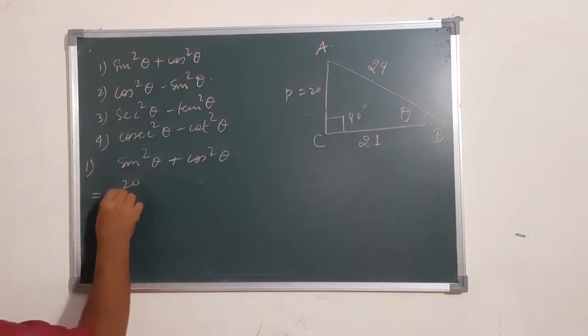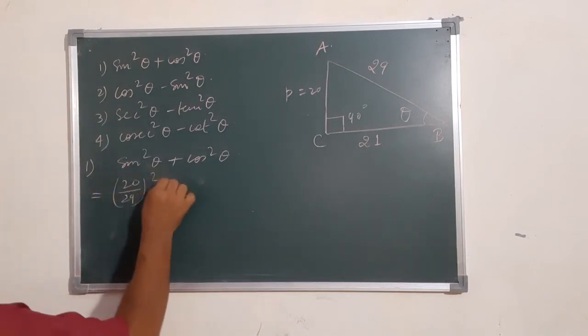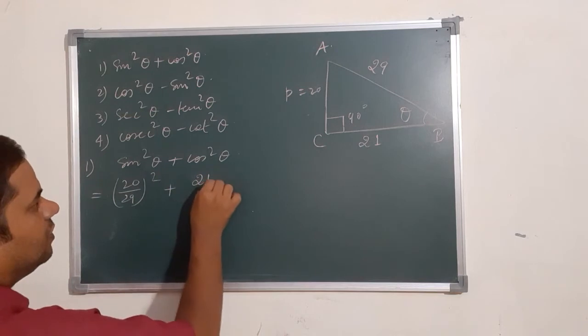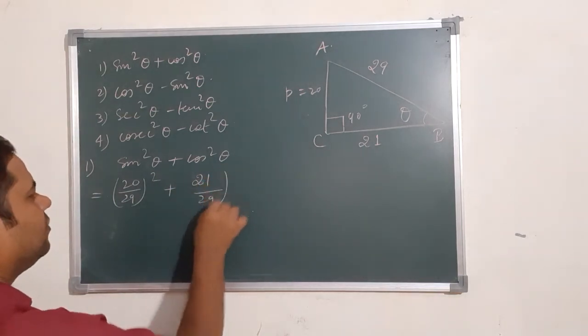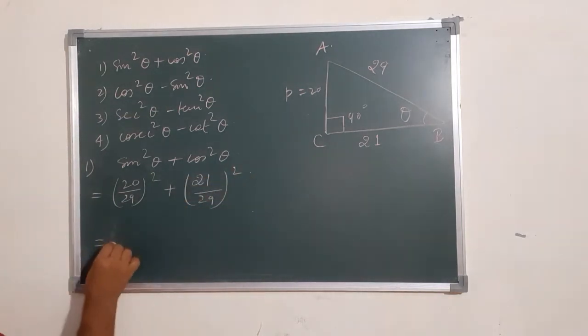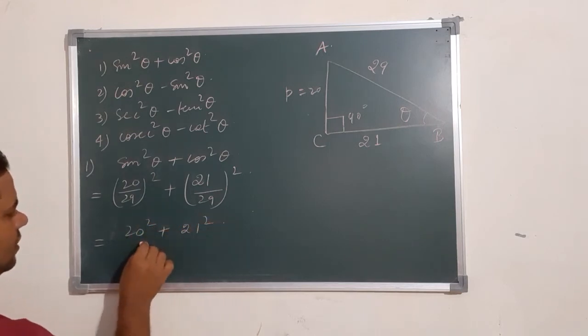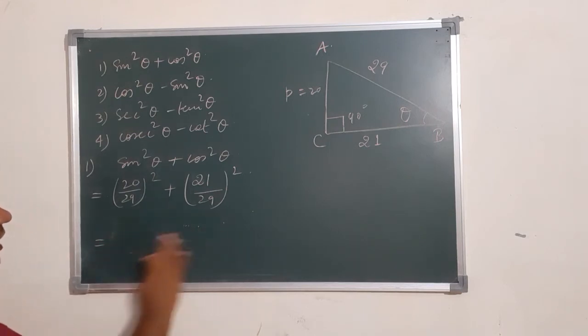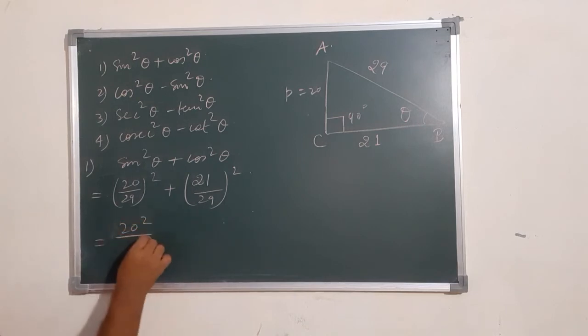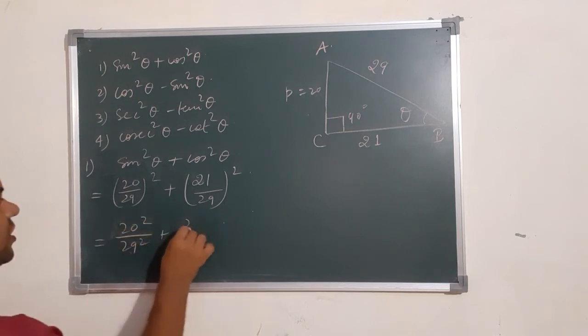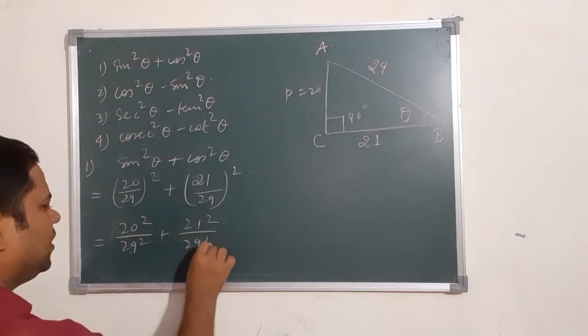So (20 by 29) whole square plus (21 by 29) whole square, which is 20 square by 29 square plus 21 square by 29 square.